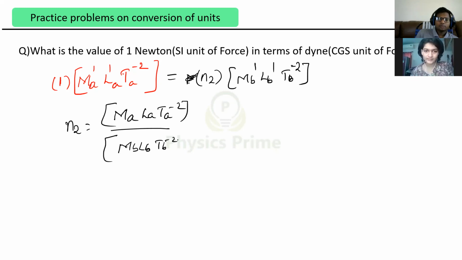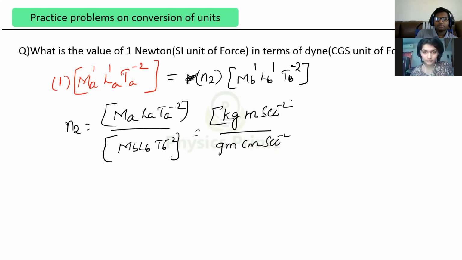So MA by MB: here MA is in terms of kg, the SI unit, LA is meter, second inverse 2, divided by gram, centimeter, second inverse 2 in the second unit. So how will kg and gram vary? 1000 grams.